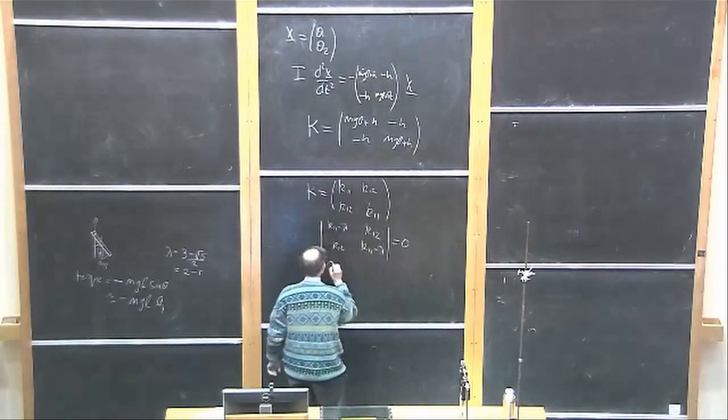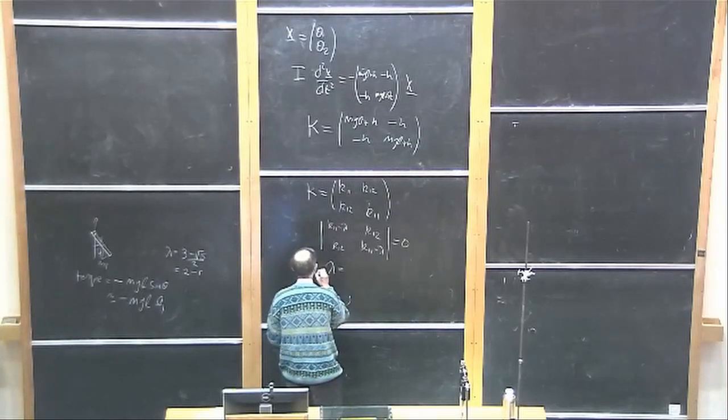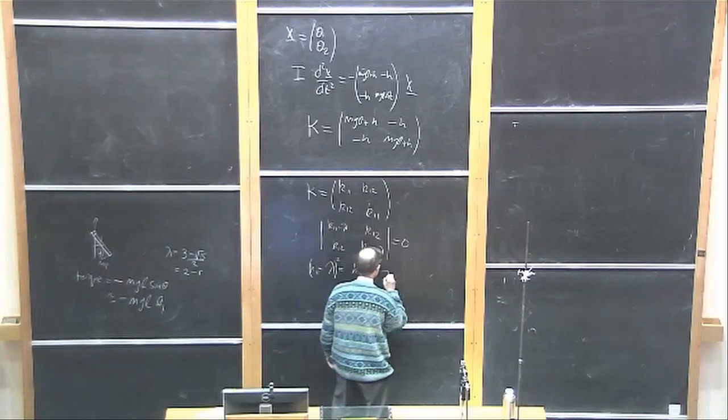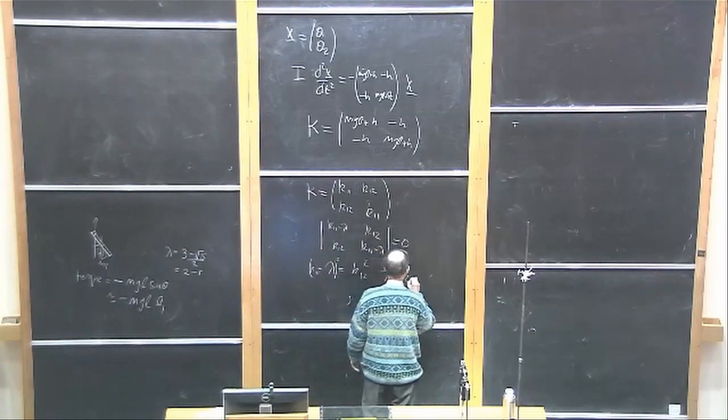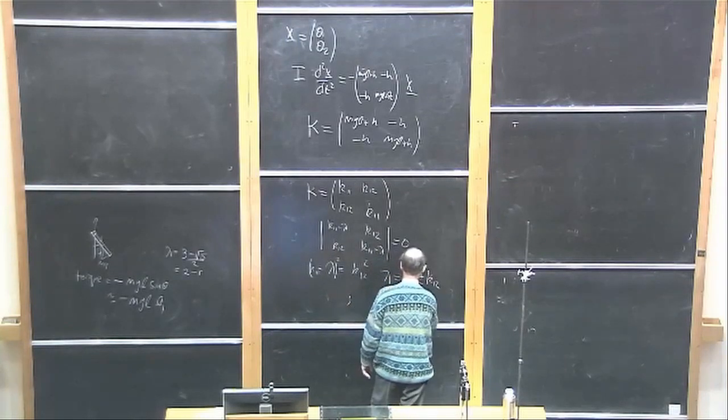And the eigenvalues: K11 minus lambda squared equals K12 squared, and so lambda is K11 plus or minus K12.